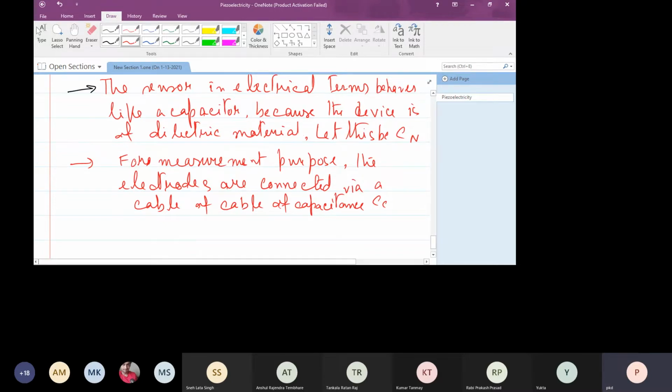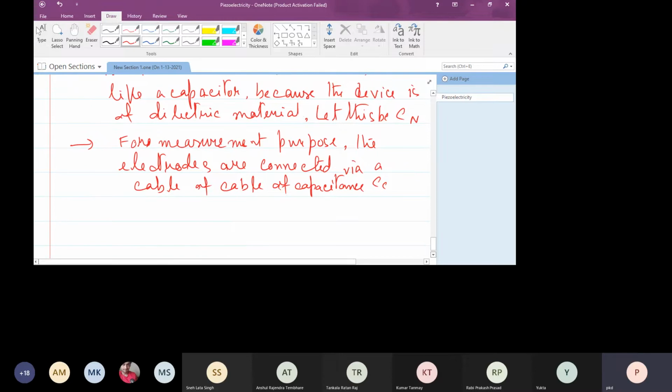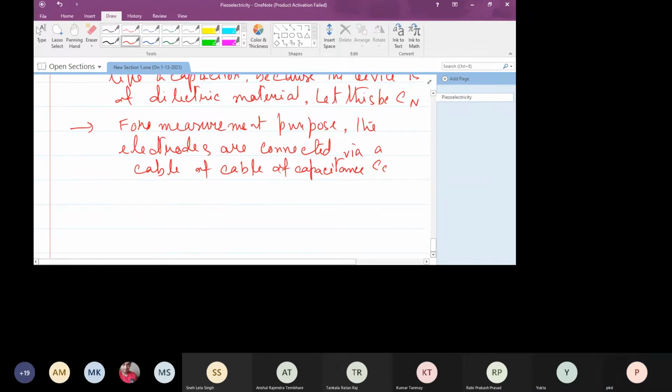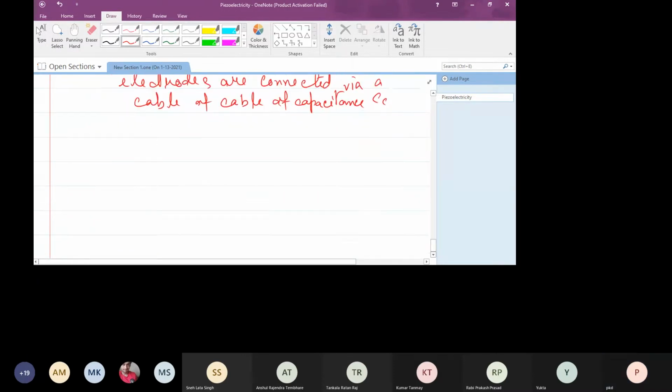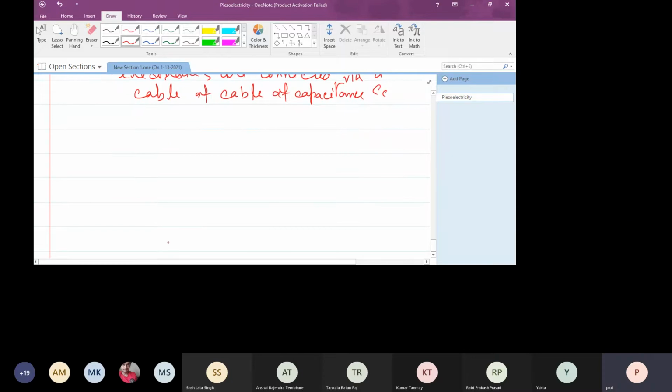Actually, the device itself is a charge reservoir, but if we take it as a current source, then we have to write it like dq dt. So current source IN would be dq dt. So this is the current source.